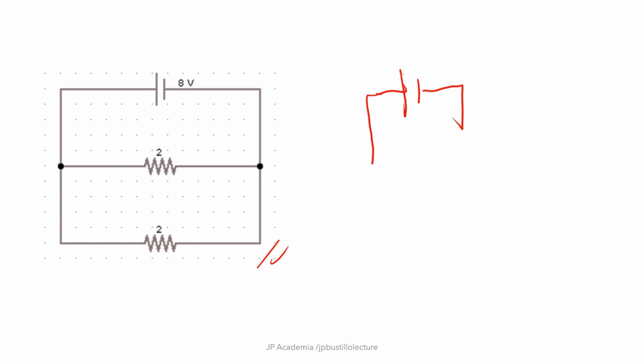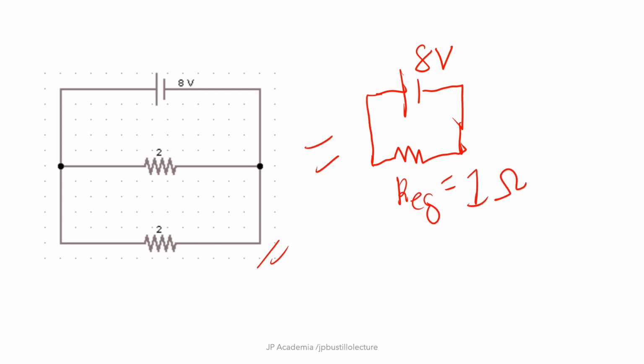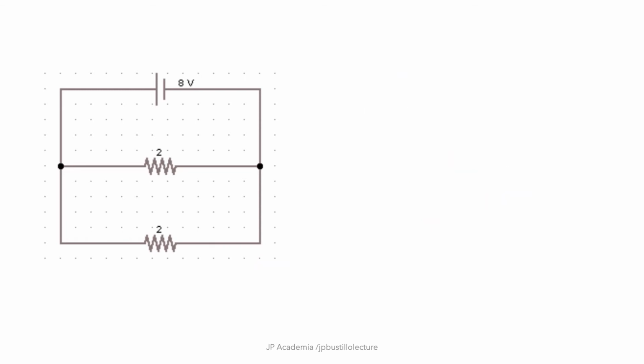These two resistors connected in parallel are equivalent to this circuit connected to the 8 volts voltage source with the equivalent resistance value of 1 ohm. So they are equivalent.